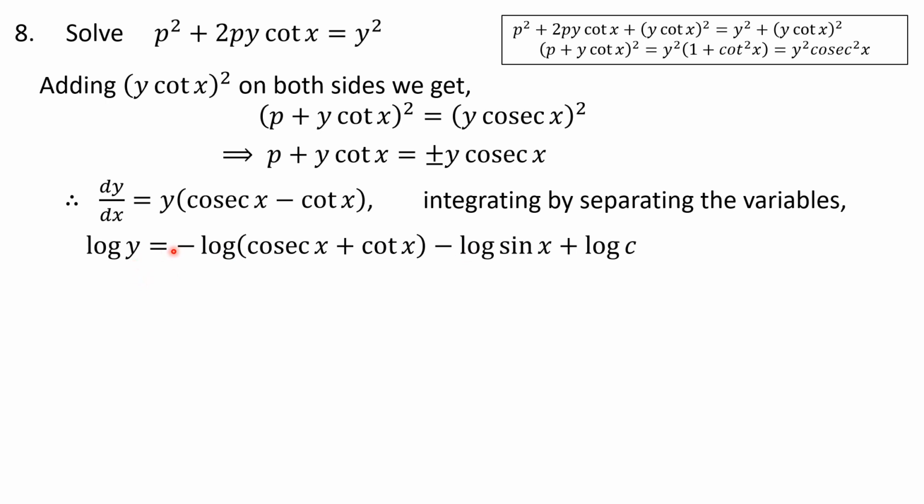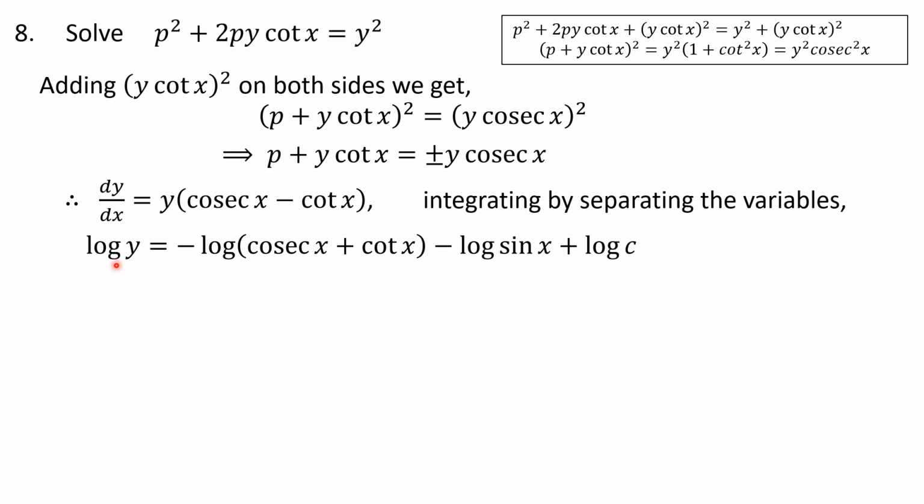So we can write the integral of cosec x is minus log of cosec x plus cot x, minus cot x integral is log sin x, plus I write the constant as log c. Both sides in terms of log, then it is better to write the constant also in terms of log.